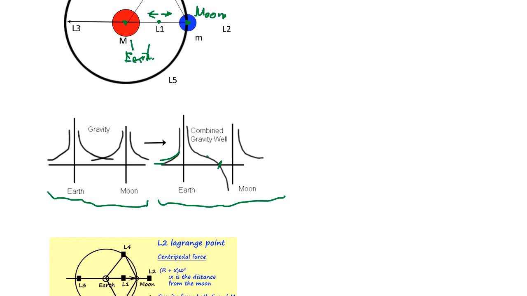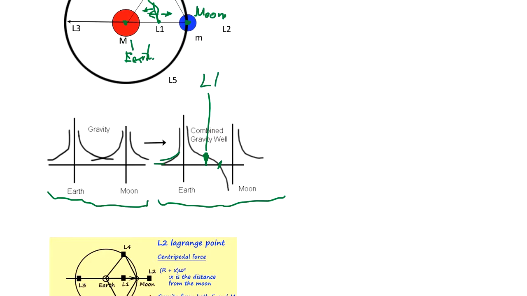Somewhere around here, the dynamic system makes a balance, because here you get Earth's gravity stronger than the Moon's, but you have a centripetal force because this is moving together, right? So this point is called L1, Lagrange point 1.